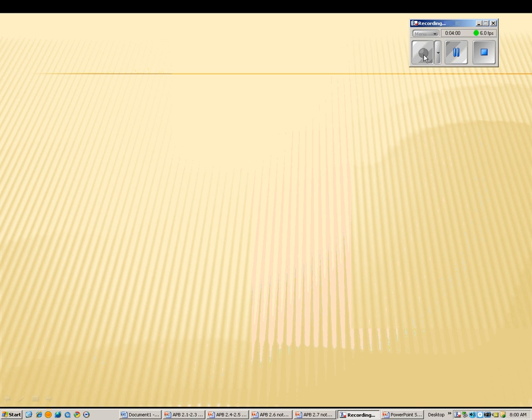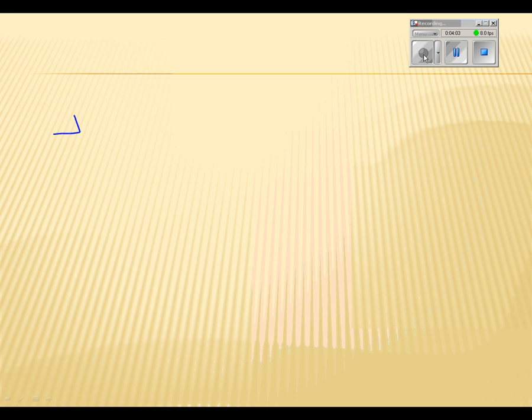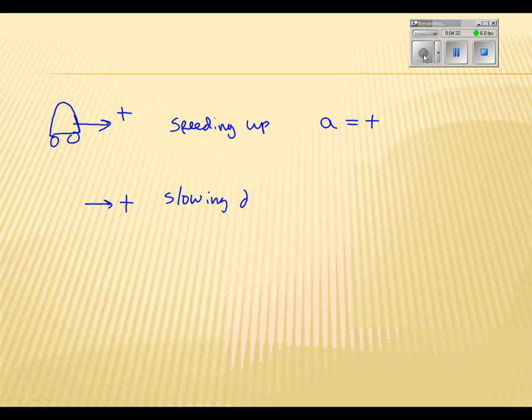So, one of the main things I need you to know is that if you have a car traveling forwards in the positive direction, and let's say it's speeding up, it's going faster and faster, the acceleration is positive. If you have a car that is moving in the positive direction, it's slowing down, that acceleration is negative.